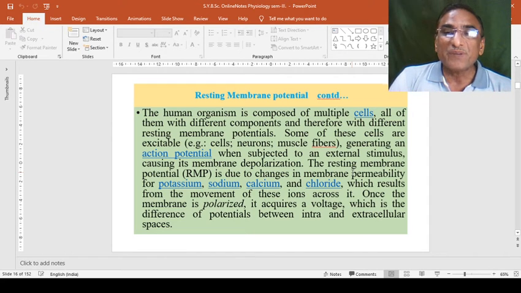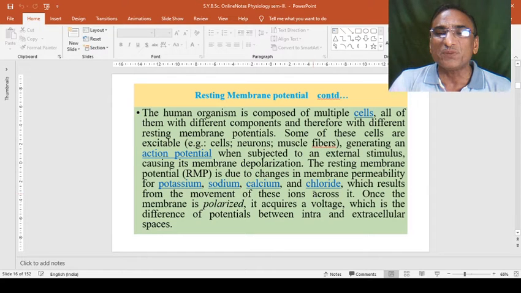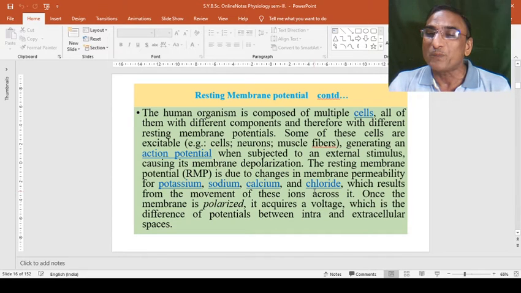But the membrane permeability for potassium, sodium, calcium and chloride, these are four very important elements in every cell of the human body or in all animals, but particularly in nerve cells. These four elements play a very key role, and they facilitate the activities of the resting membrane potential and its role.